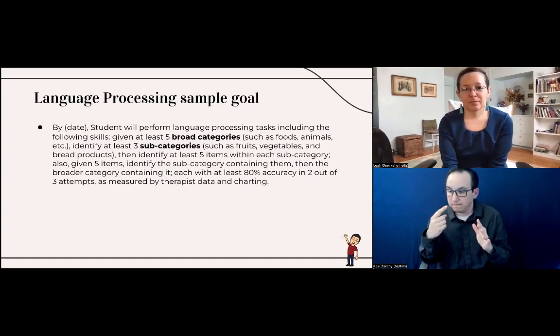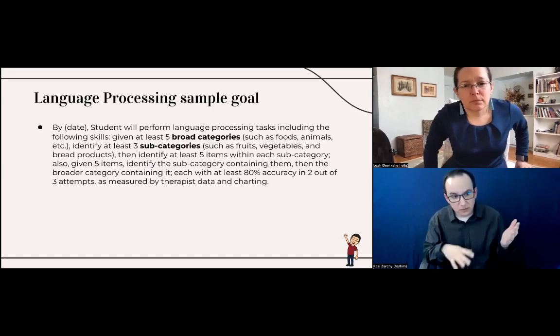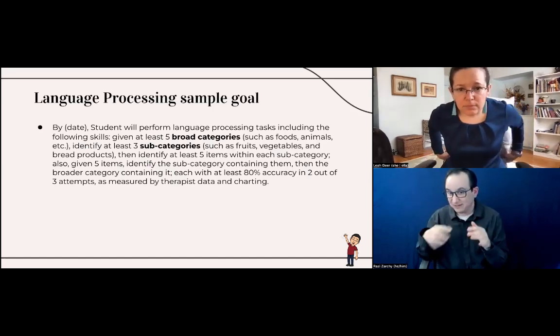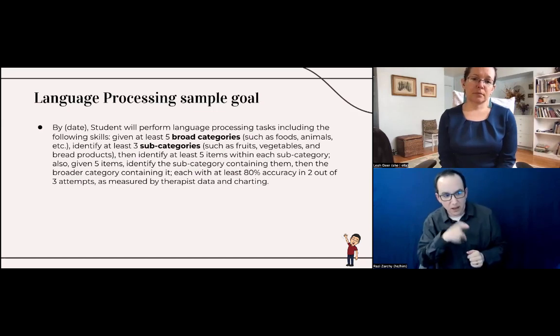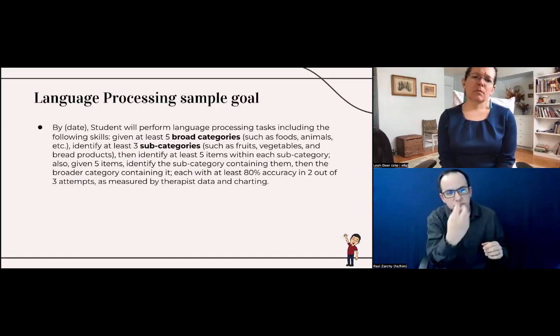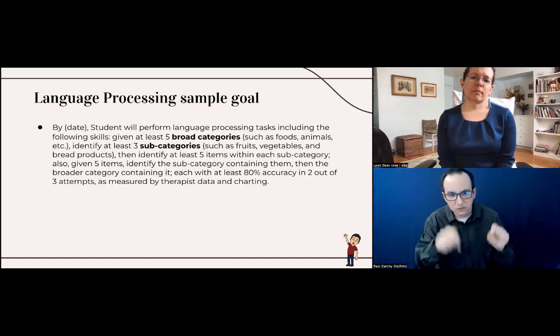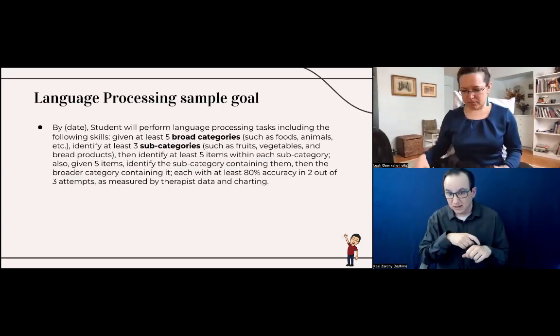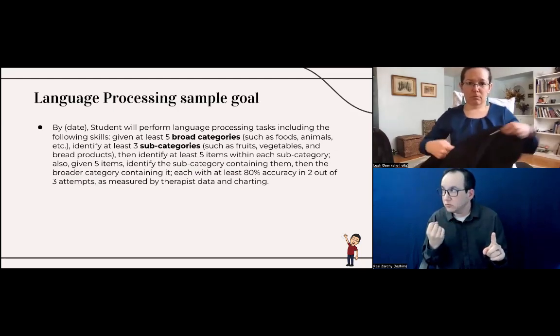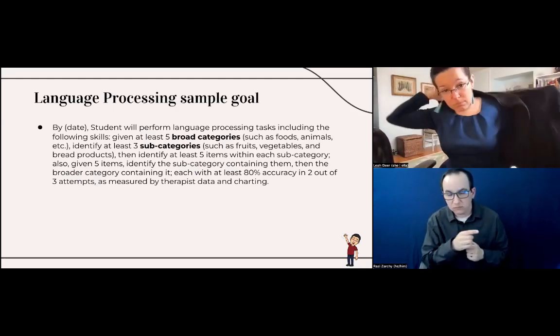For example, I have some students, you'll realize why I picked a specific goal for this student. I asked the student to tell me as many animals as they could. And at that time, I think this student was 12 years old.